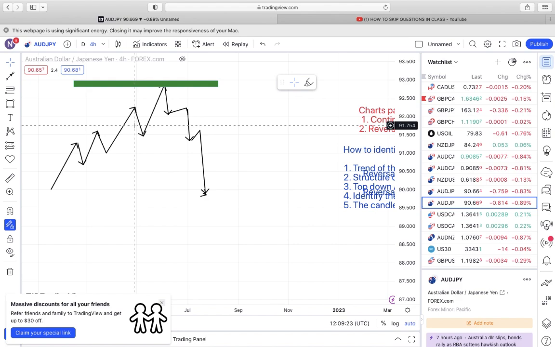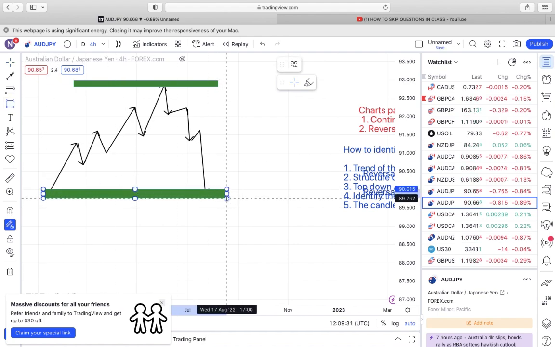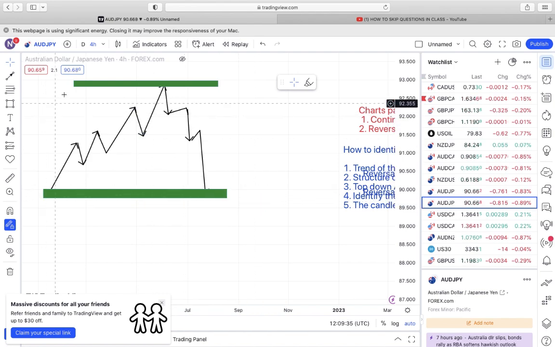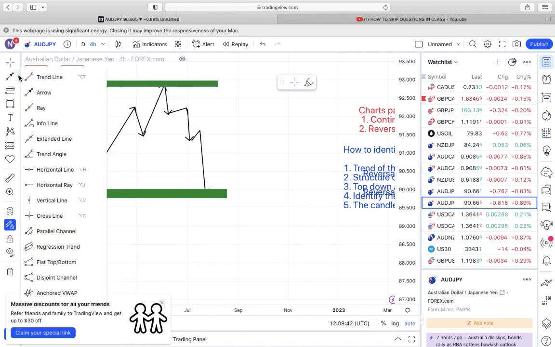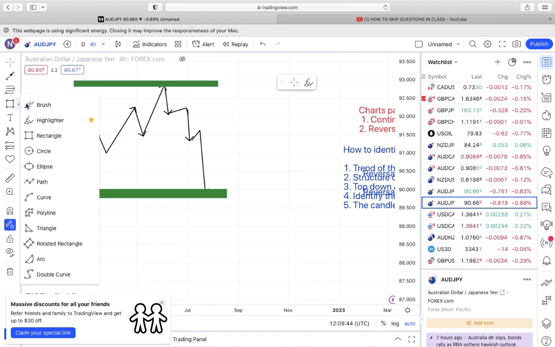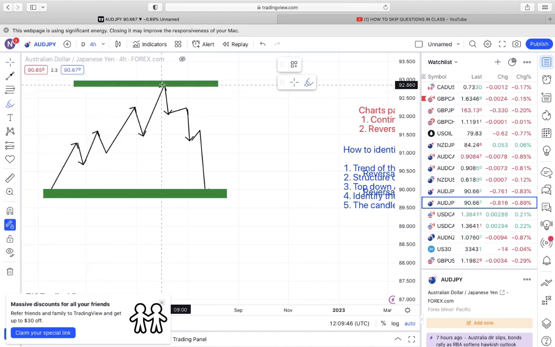This market was uptrending, reacted to the resistance, and went back. Let us say this one was our support, and it came back to the support. Then this market started reacting at this zone. Take note. If you have any question with this, you can comment down below.